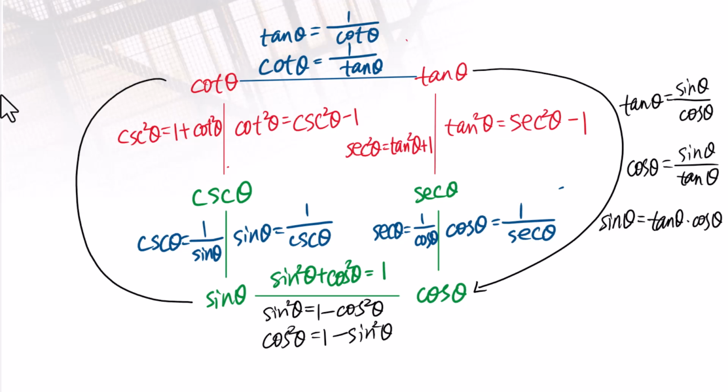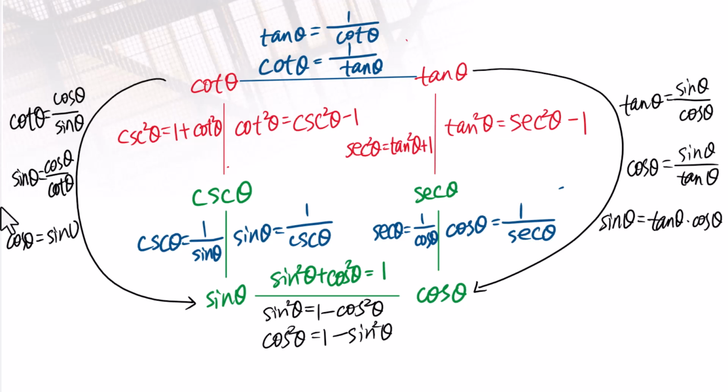From cotangent theta, we can go to sine theta. Cotangent theta equals cosine theta over sine theta. Now sine theta equals cosine theta over cotangent theta. Now cosine theta equals sine theta times cotangent theta.